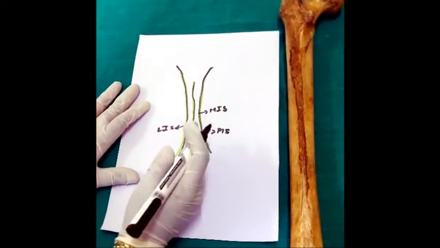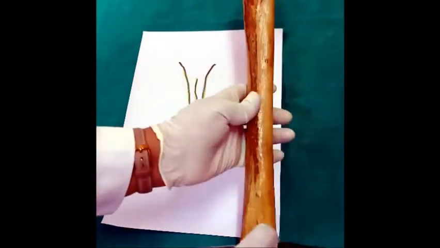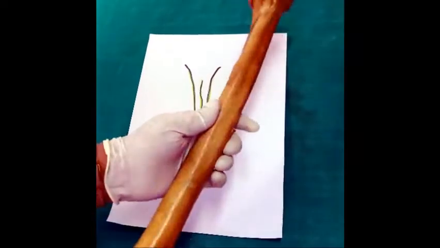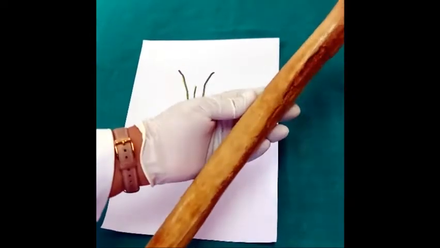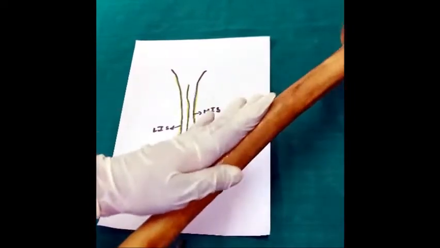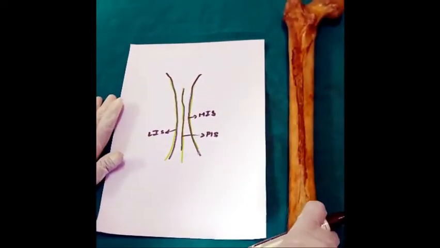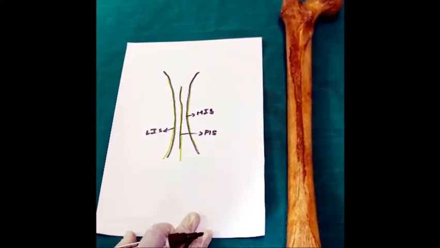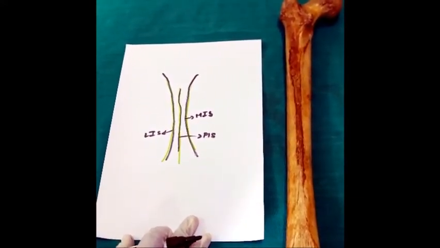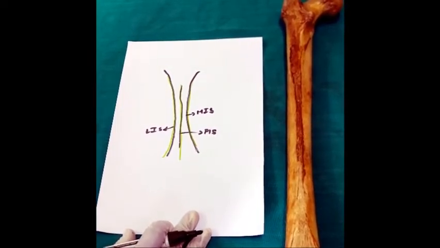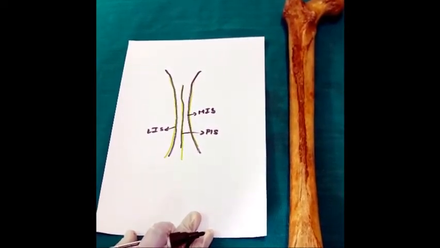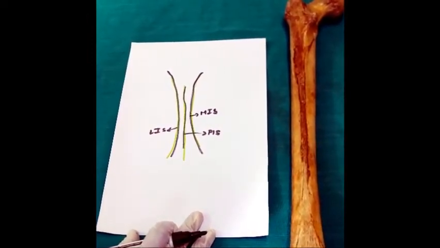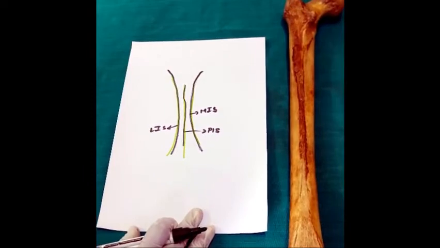Medial to the medial intermuscular septum, and lateral to the lateral intermuscular septum, the tissue continues with the anterior compartment. So in the thigh there are three compartments: anterior, medial, and posterior. The anterior compartment is the quadriceps compartment, mainly quadriceps femoris. The posterior compartment is the hamstring compartment, whereas the medial compartment is the adductor compartment.